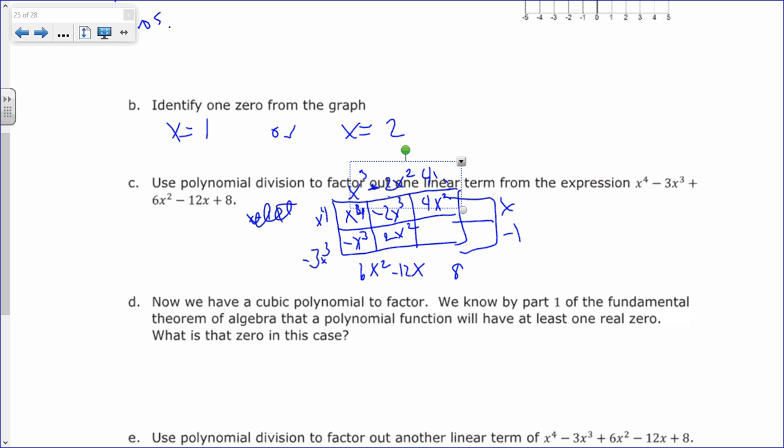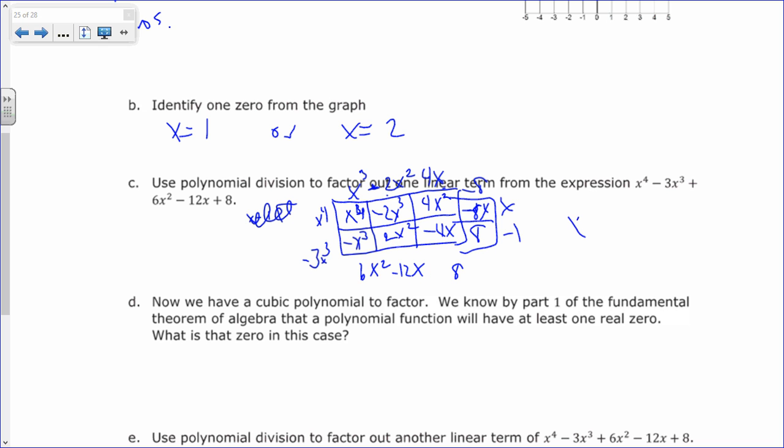It'd be 4x. So 4x times negative 1 is negative 4x. This needs to be negative 12, which just means this needs to be negative 8x. And x times what would give me negative 8x is negative 8. Negative 8 times negative 1 is positive 8, which works.